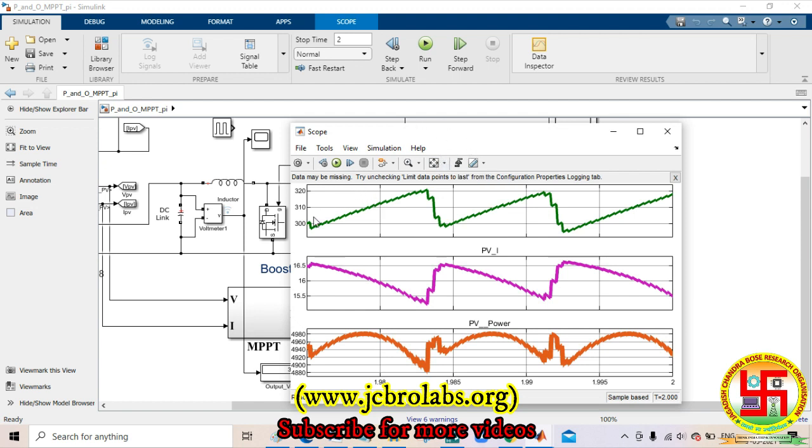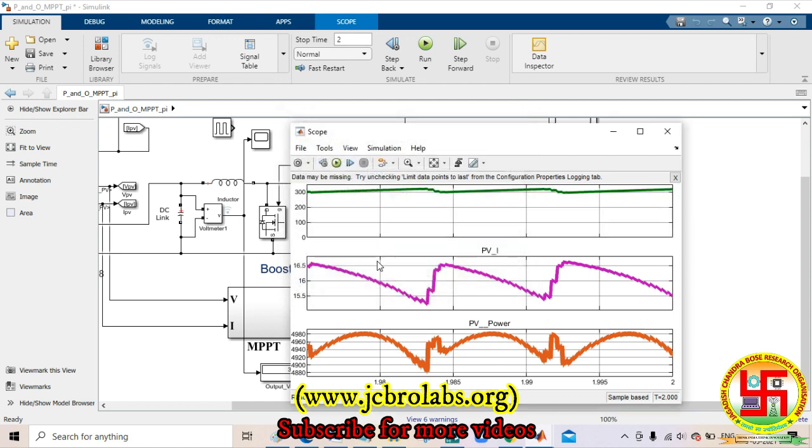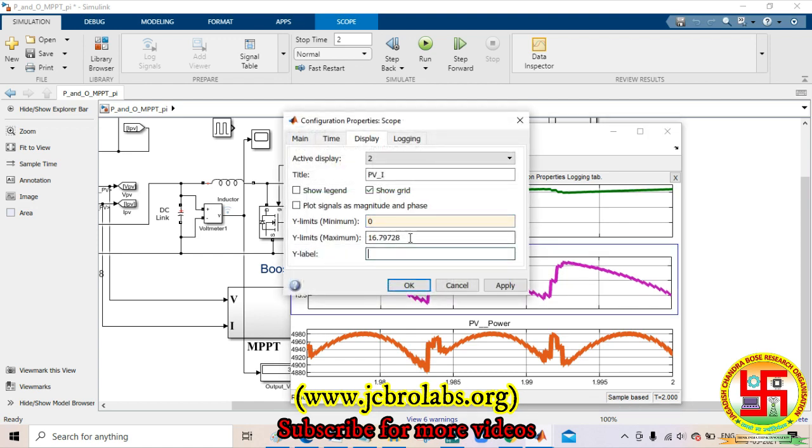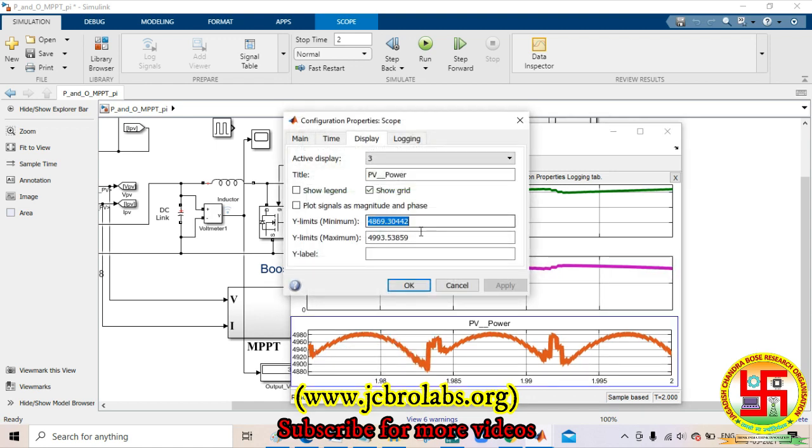You can see the panel PV power. So the power variation, if you observe here, the panel voltage and the panel current. This is the panel power.